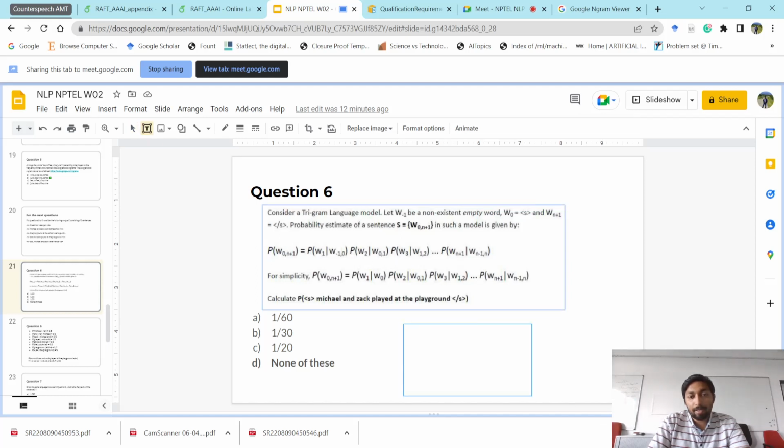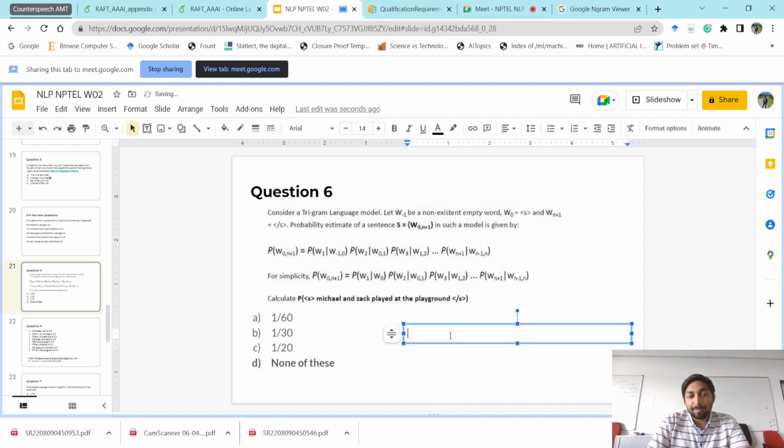Can anyone guess what the formula is? We have to find the probability of the given sentence. So it will be P of W0 and W1, which is $S and Michael: P of Michael given $S. You have to find this first.